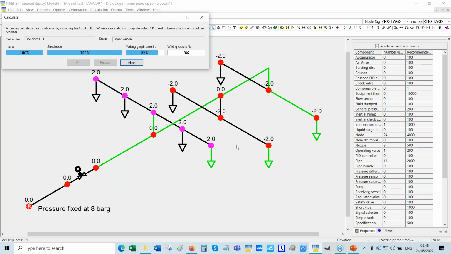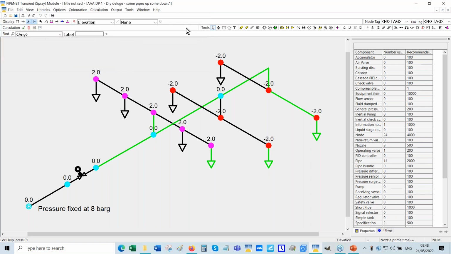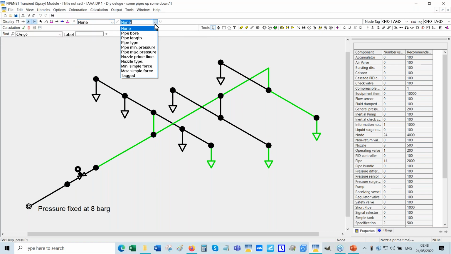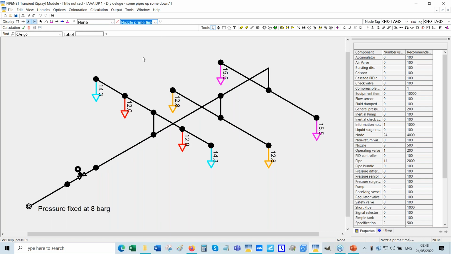There's one particular point I want to show in this, and it's a very important point from an engineering point of view.